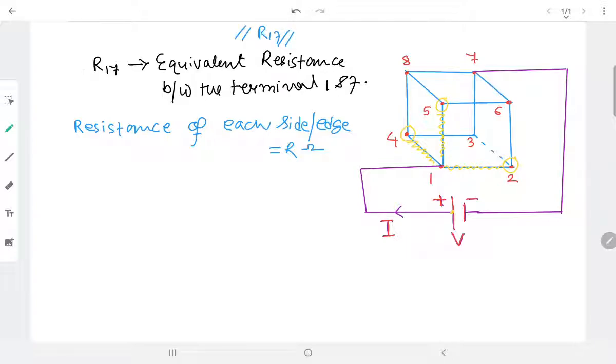Now our first step will be to connect a voltage source between the given terminal.